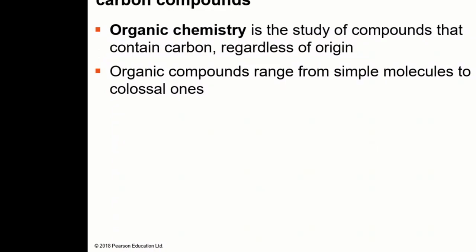Every unit that has compounds containing carbon, regardless of where they originated from, is still under the discipline of organic chemistry. So organic compounds range from simple molecules to colossal ones. We'll explain further what we mean by that.